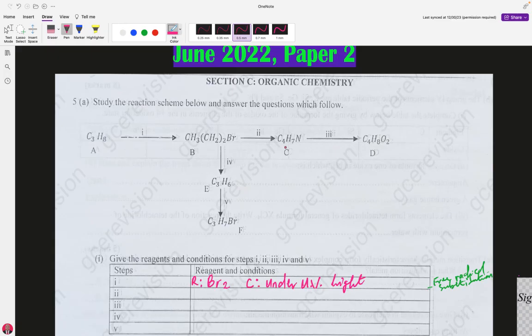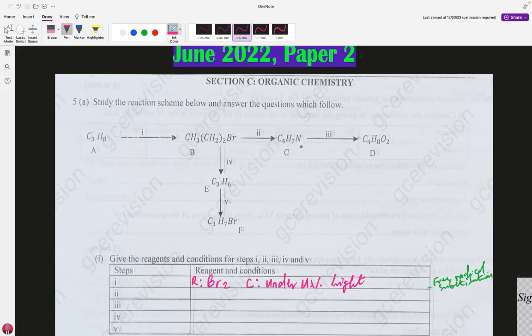There is an increase in a carbon atom. This is one of the special reactions where you don't have any carbon added anywhere, but within the reaction there is an increase in a carbon atom.